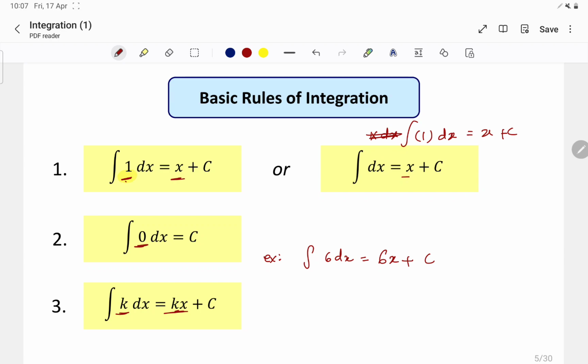Here c is an arbitrary constant, or the constant of integration. When we differentiate any constant, the derivative is 0. So when we go backward and integrate, we don't know what constant was in the original function. That's why we just put c.